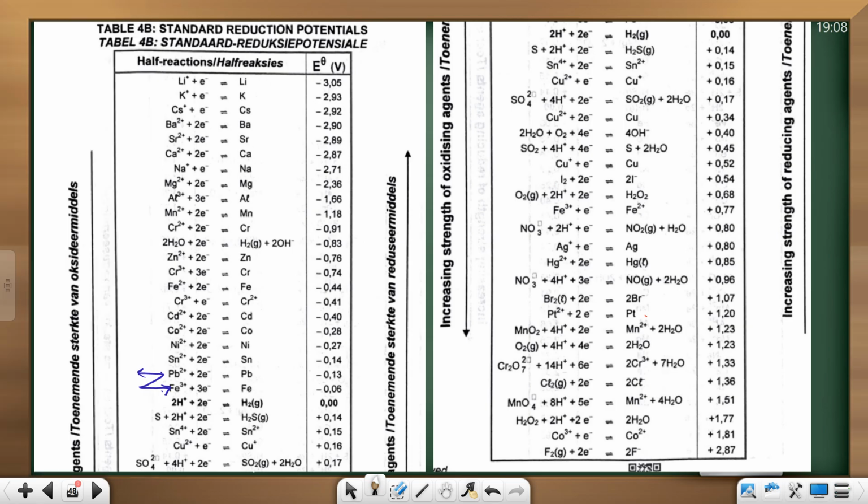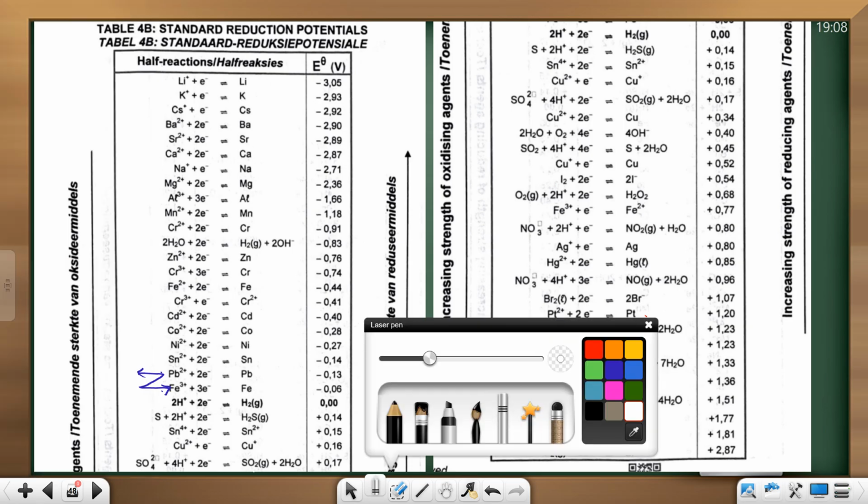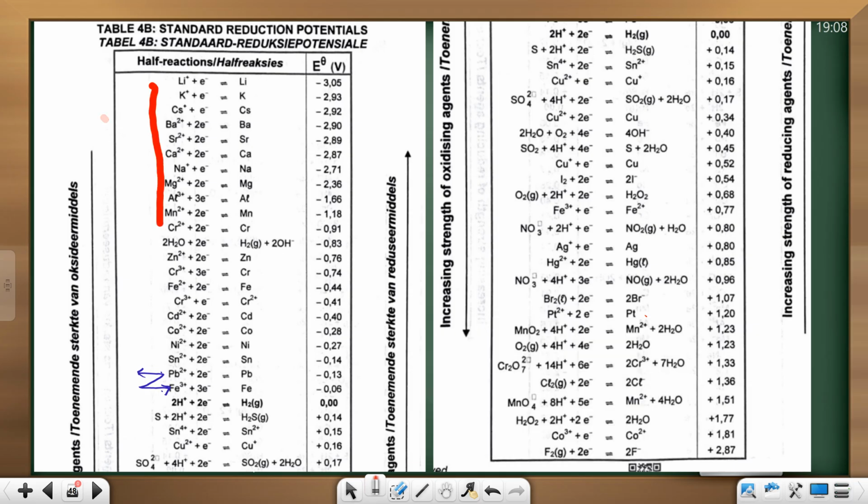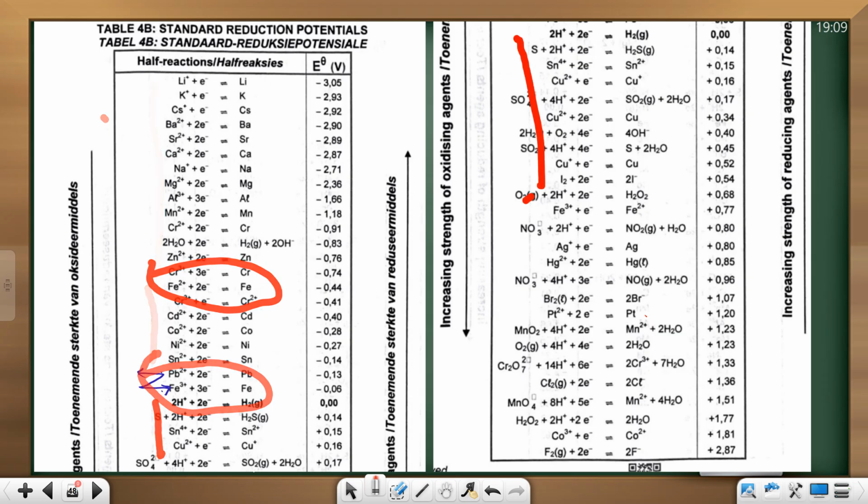Here is the catch. We're using Fe, right? Okay. Quickly take a look. 30 seconds. Do you see that? I have 3.